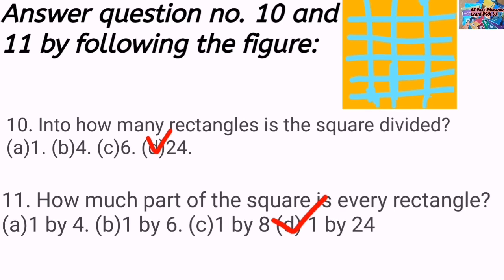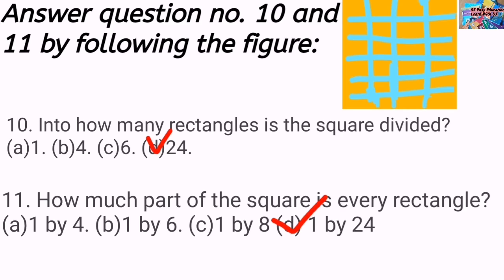It is written, answer questions number 10 and 11 by the following figure. It is a square and it is divided into many rectangles. The first one is a counting one. Into how many rectangles is the square divided? 1, 4, 6 or 24.